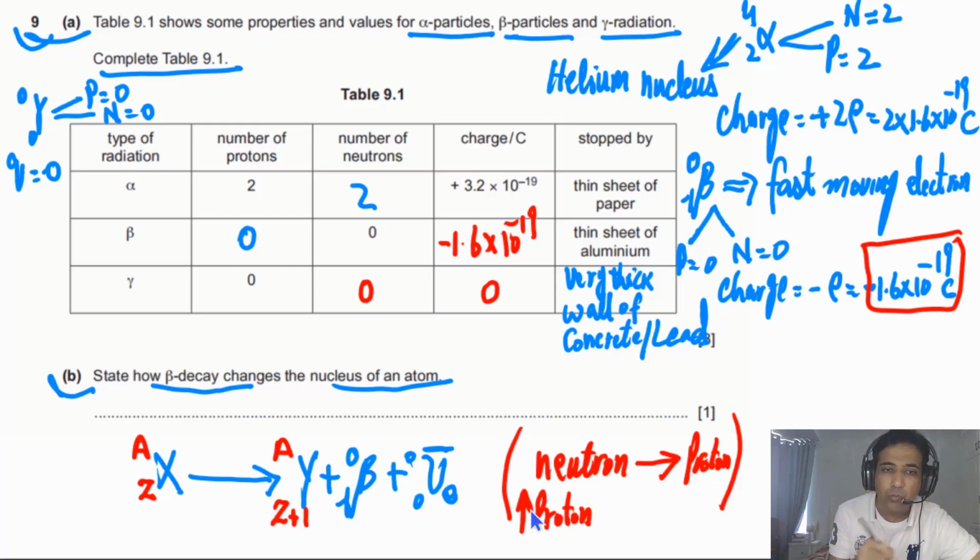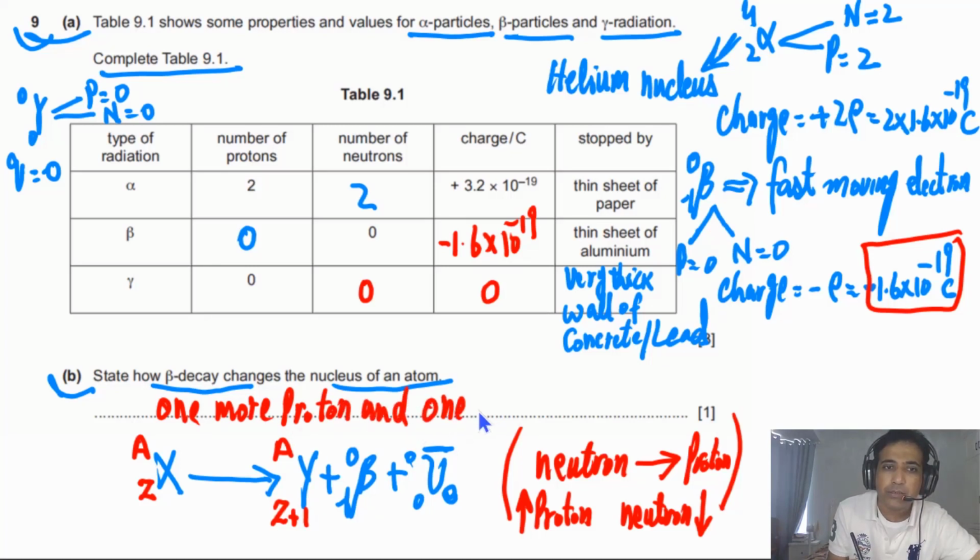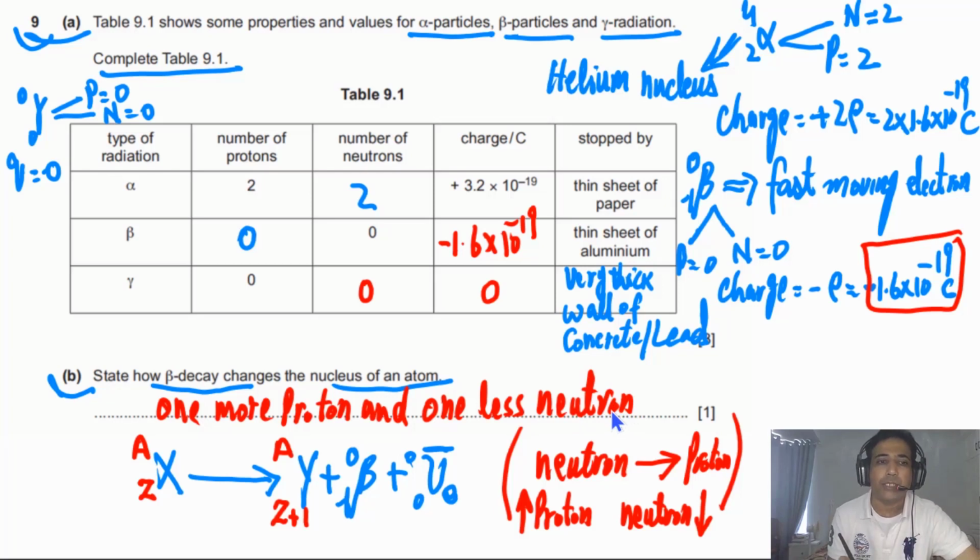It has one more proton and it has one less neutron. So neutron number decreases. So we can say one more proton in nucleus Y. So we can say one more proton and one less neutron. So these points you have to write down, and this is how you can answer this question.